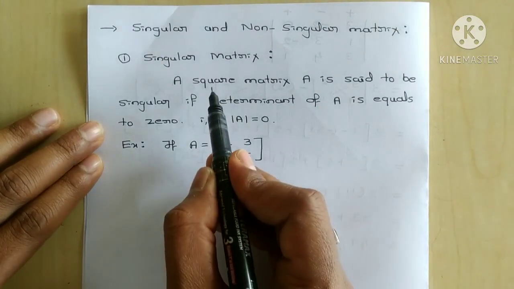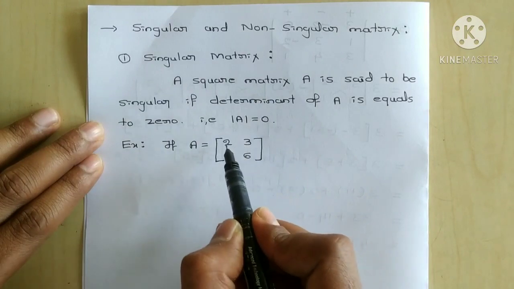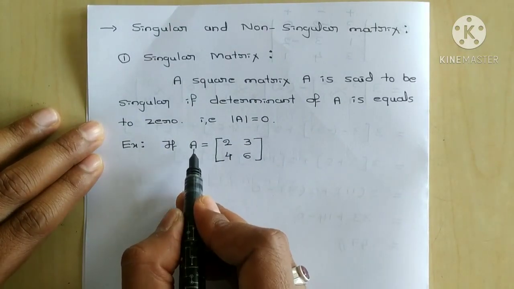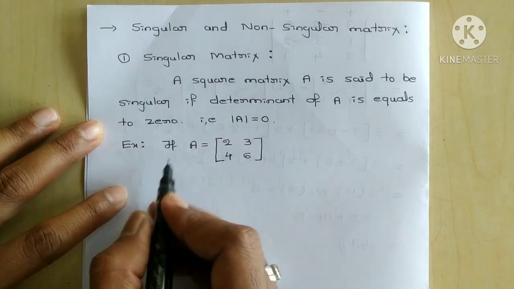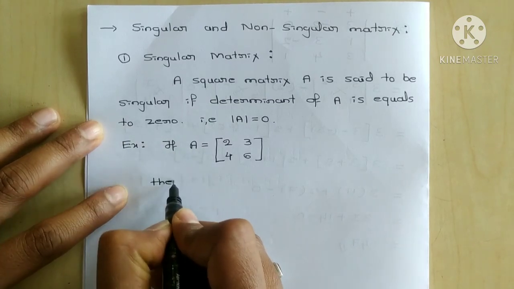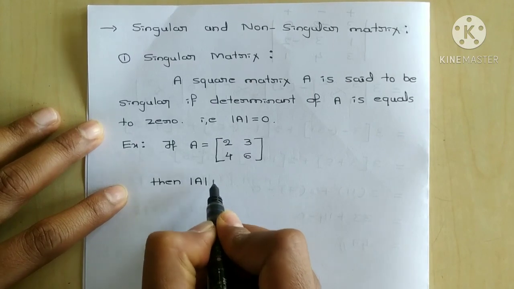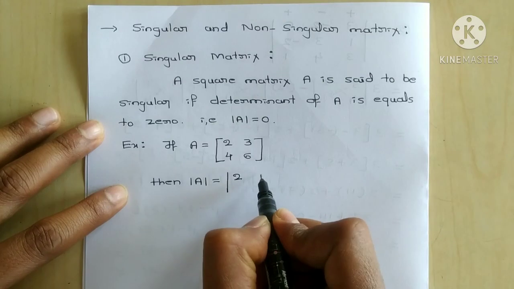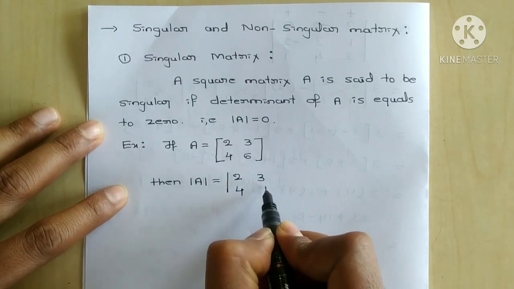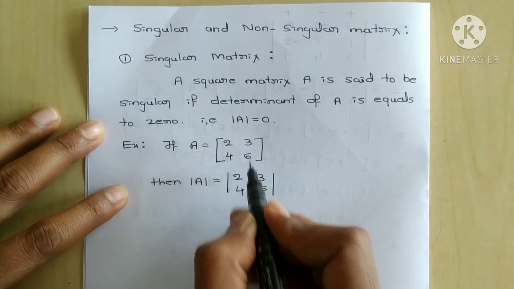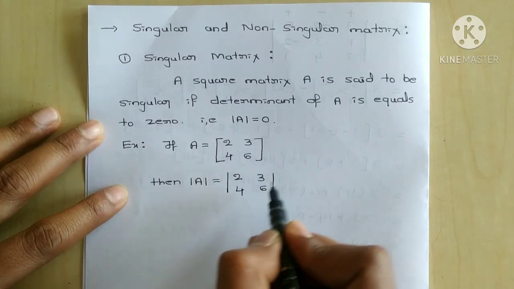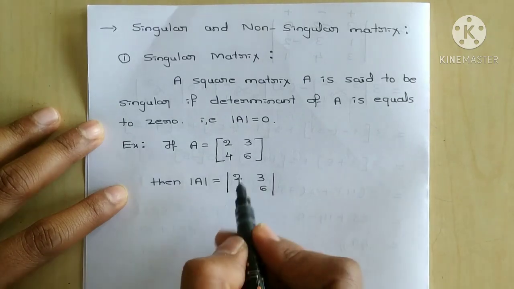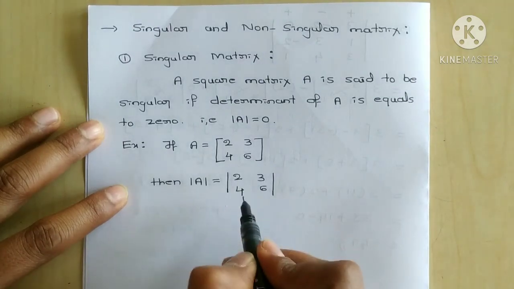This is the symbol of determinant. You know, this is second order, 2 rows, 2 columns.